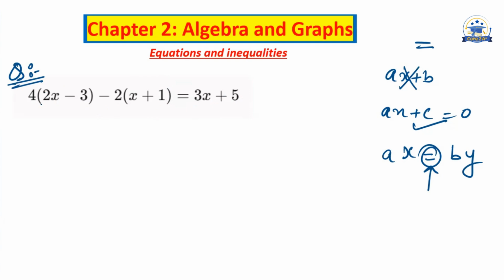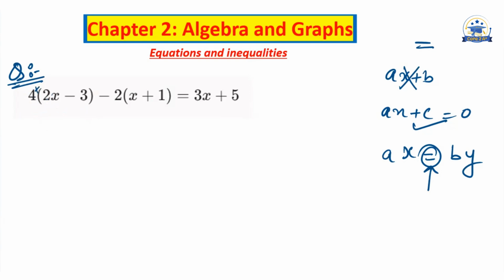First of all, break the bracket, with the rule. We cannot just remove this bracket and bring down all the numbers as they are. Here we have 4 before this bracket and there is no sign, which means there is a multiplication sign.